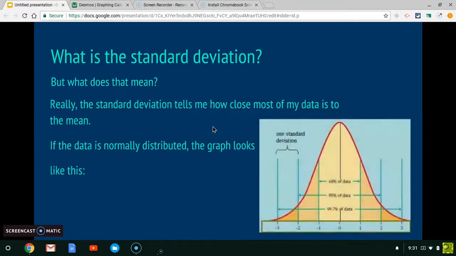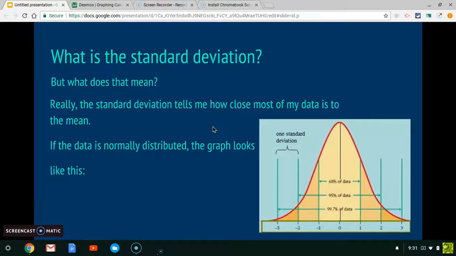Really, the standard deviation tells me how close most of my data is to the average, to the mean. When we use mean and standard deviation as a measure of the center and the spread of data, we learned on Monday that our data is symmetric.